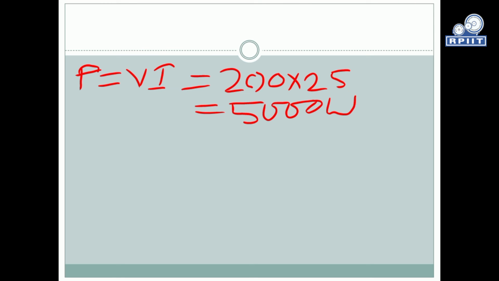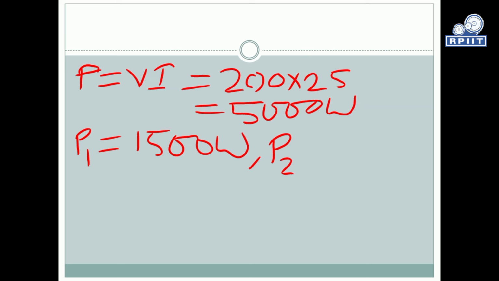Now this is the total power of the circuit. Power dissipated in one coil is represented by P1 and this is 1500 watt. So firstly we will calculate the power of the second coil.